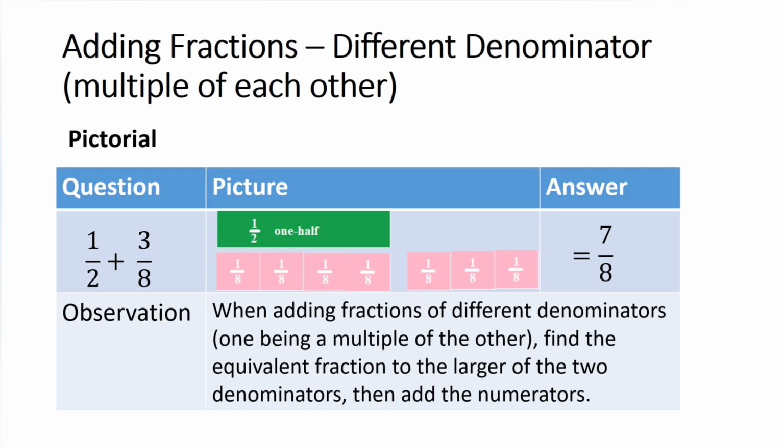Here it can be observed that the half was changed to the equivalent form of a half but with a denominator of 8. Then the addition was made. In other words, before the fractions were added, they were brought to the same family.